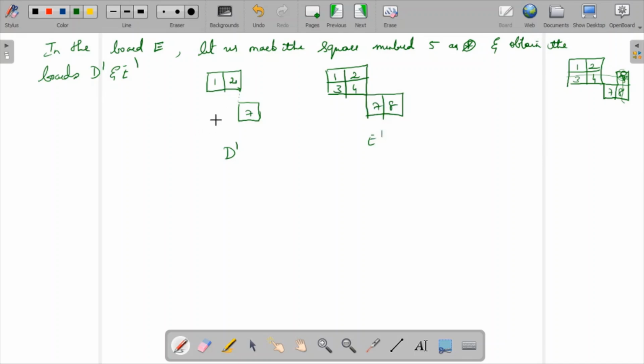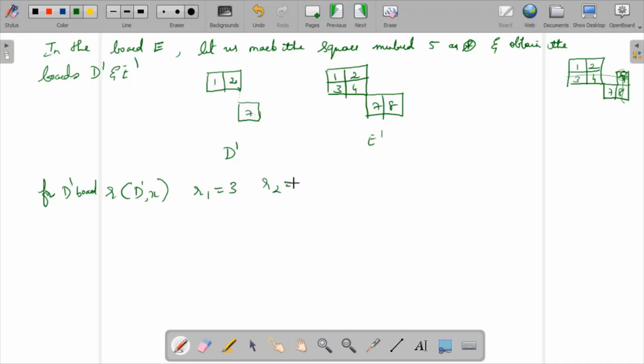Now for this D dash, you can directly find R of D dash of x. So this would give me R1 is equal to 3, there are 3 items, and R2 will be the pairs. Here it is 1 7, 2 7.